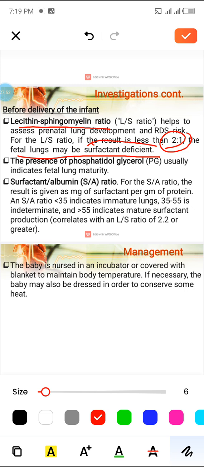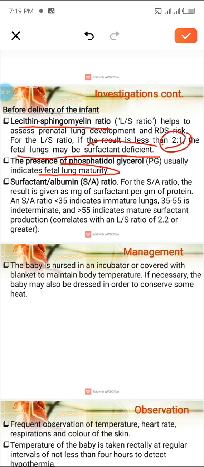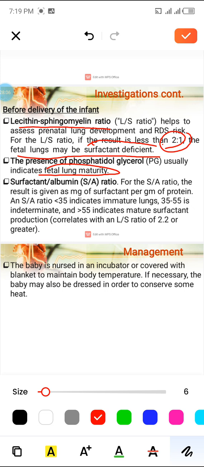Then other things that they do is presence of phosphatidylglycerol, which usually indicates fetal lung maturity. So it will just show you if the fetus's lungs are mature. Then other studies which are there is surfactant albumin ratio.